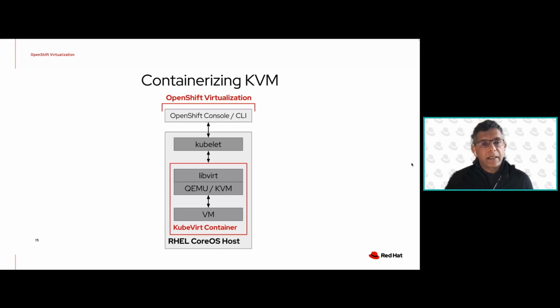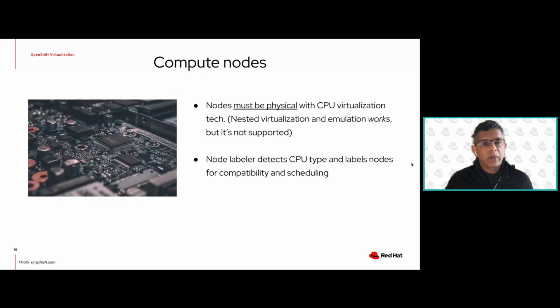Let me move on to the next slide, and I'll talk a little bit more on how some of these things can be done. One thing I want to call out before this is that when you are using OpenShift virtualization, your VM would be running on a worker node or a compute node in the context of OpenShift. That compute node needs to be a physical machine.